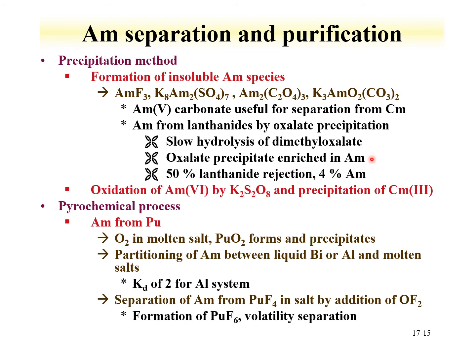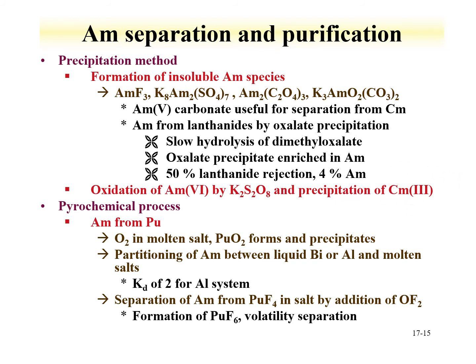So in this case, the precipitate winds up being enriched in the americium. Other routes for precipitation include americium-6 and the precipitation of curium-3.